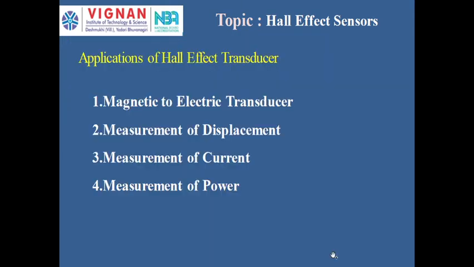So what are the applications of this Hall effect transducer? These Hall effect transducers are used to convert from magnetic to electric, that is, a magnetic to electric transducer, and they are used for measurement of displacement, measurement of current, and measurement of power.